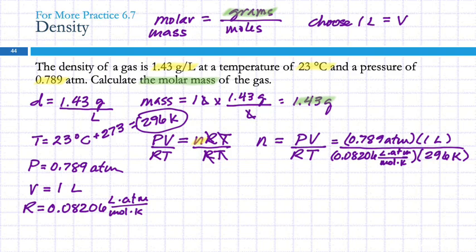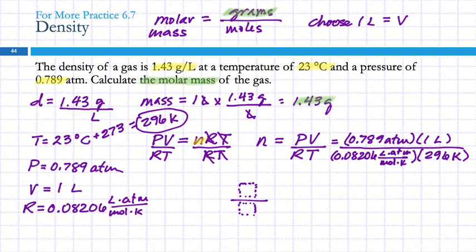A lot of calculators have a function where you can enter things as a fraction. And so up here you could type 0.987 times 1, and in the denominator you can type 0.08206 times 296, and it'll do that for you. That's fine.